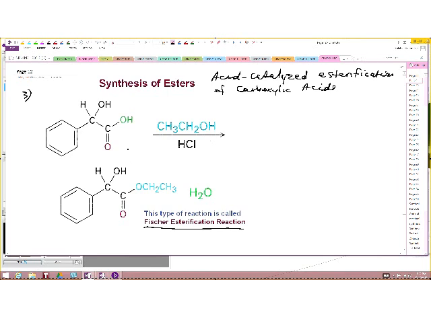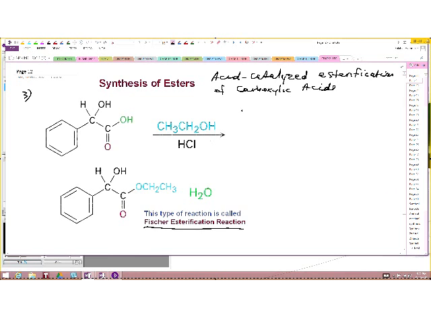In this case, what do we do? We take a carboxylic acid and we take an alcohol. Generally, we use very low molecular weight alcohols in the presence of some acid catalyst. In this case, we are using hydrogen chloride. Very often, we use sulfuric acid or phosphoric acid. So under acid catalyzed conditions, then we get the ester. So we call this acid catalyzed esterification, because the process of forming an ester is what we refer to as esterification.